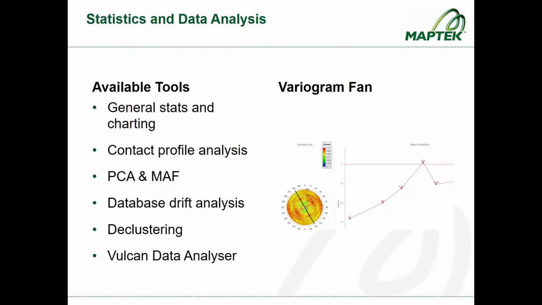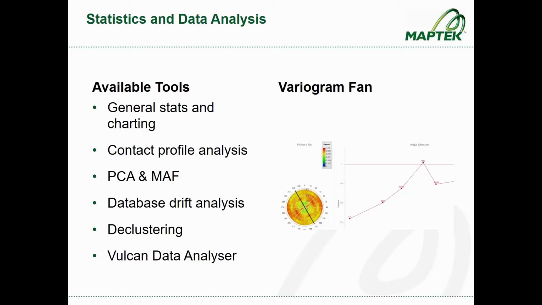Beyond those charts, we've got the contact profile analyzer or the boundary plots, which helps give you some qualitative information based upon how either hard or soft your contact is between your domain and samples outside of your domain. For those of you who may be using multivariate data sets, we've got the principal component analysis and minimum maximum autocorrelation factors, or PCA and MAF.